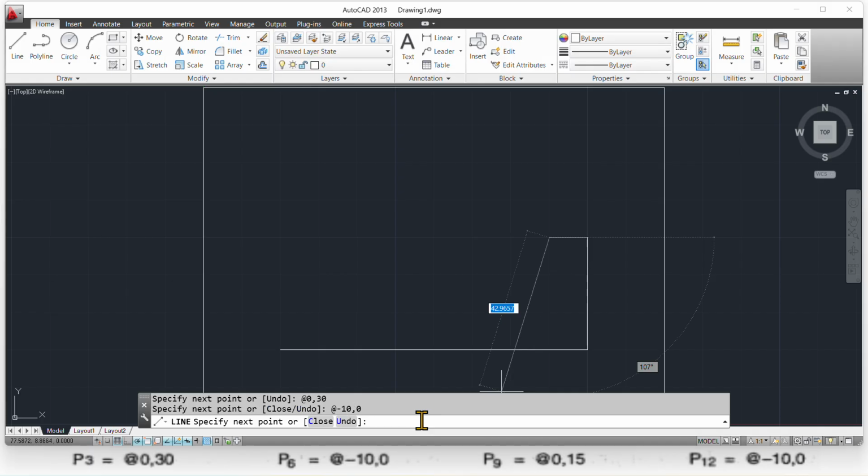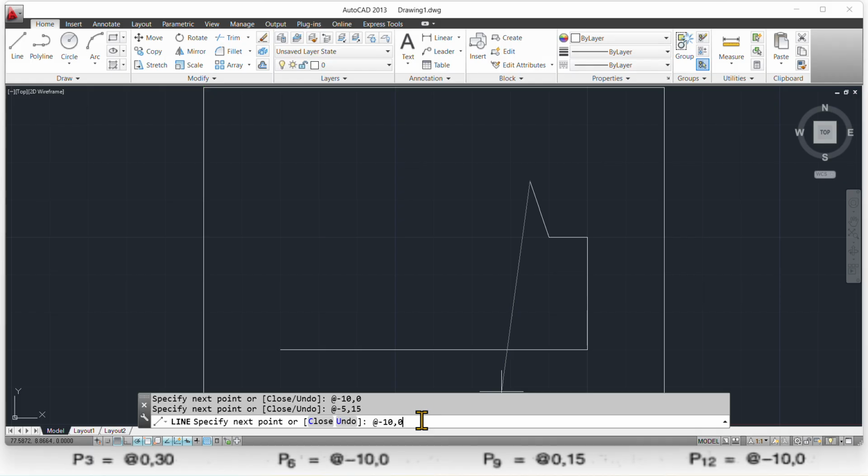Our next point is @-5,15. We are moving in the negative x direction and also in the positive y direction. Then the next point is @-10,0, because we are moving along the negative x direction, but not in any y direction.